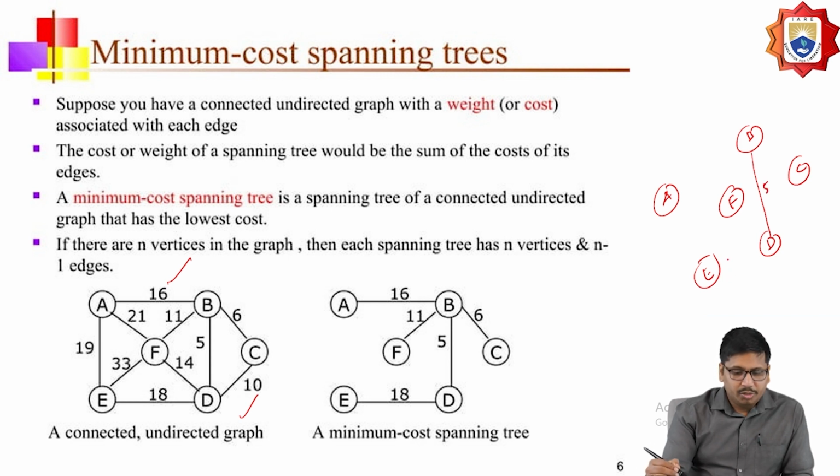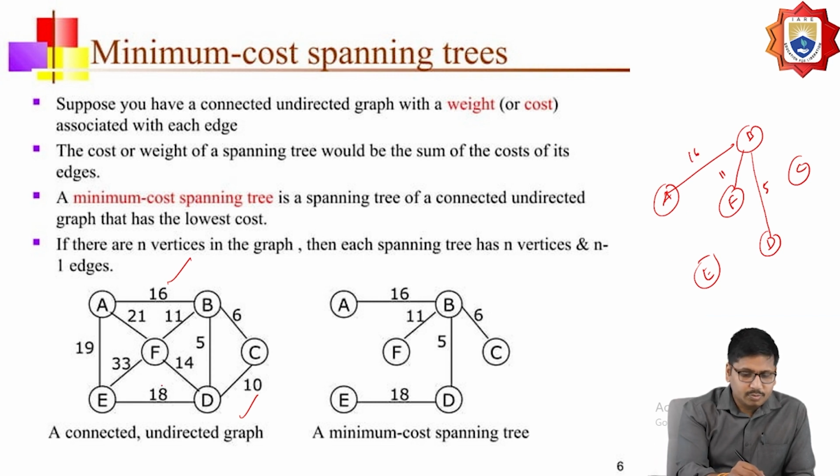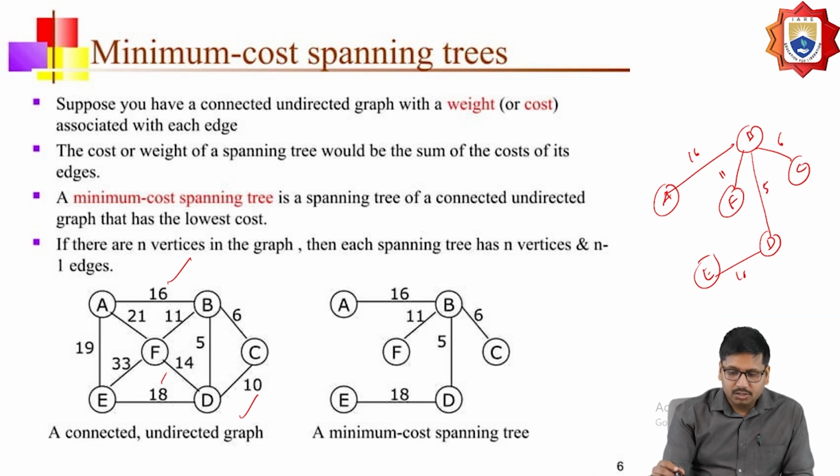Among these, the next minimum weight connected here should be 11. And the next minimum is 16, so 16 is selected. The next minimum is 18, so 18 is selected. Sorry, after 5 it should be 6, right? So 6 is there. So 5, 6, 16 and 18.